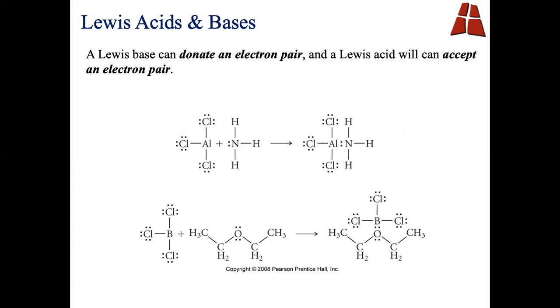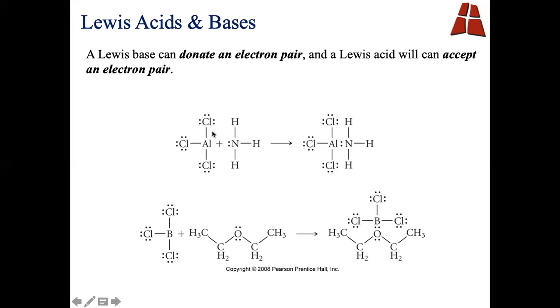Some examples here: if we have aluminum trichloride and ammonia, we can form a Lewis acid-base complex, or if we have trichloroborane and diethyl ether, we can also form a complex. A question for you is, what is the acid? What is the base? Hopefully you were able to get this.